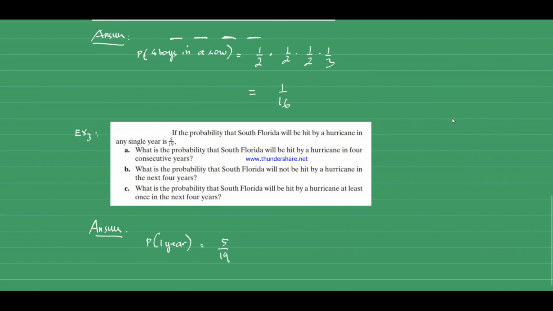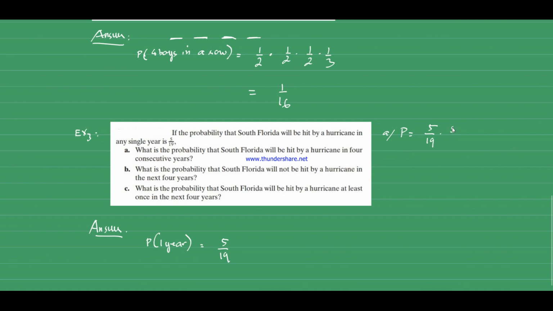Then from here we can find the probability for 4 consecutive years. So the first year it could be 5/19, and you see that the second year is not affected by the first one, right? The weather on the second year does not depend on the weather of the first year.